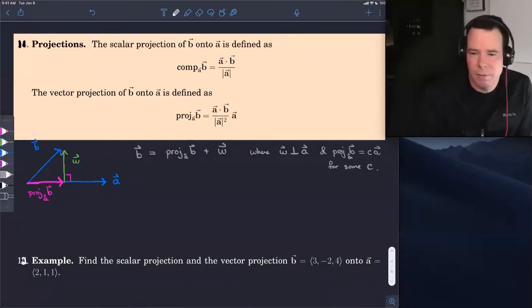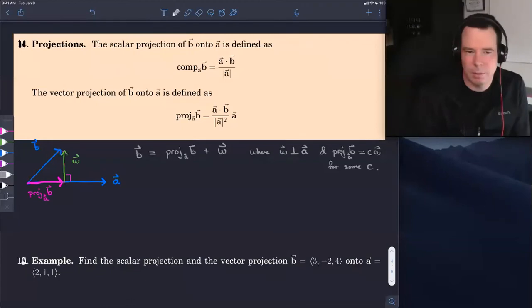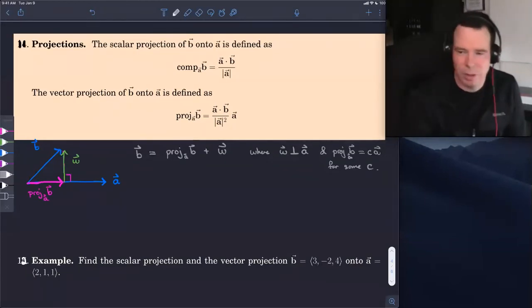I've taken B and split it into two pieces: one in the direction of A, so it's some scalar multiple of A, which I called C times A, and a part that points in the perpendicular direction, which I called W.